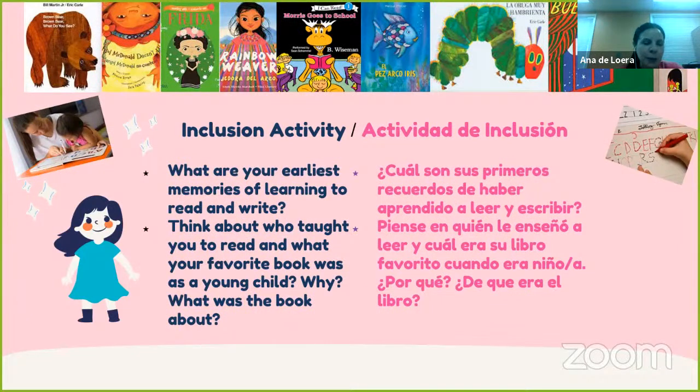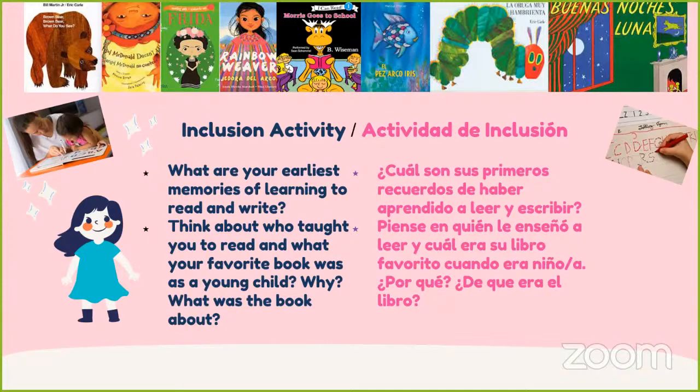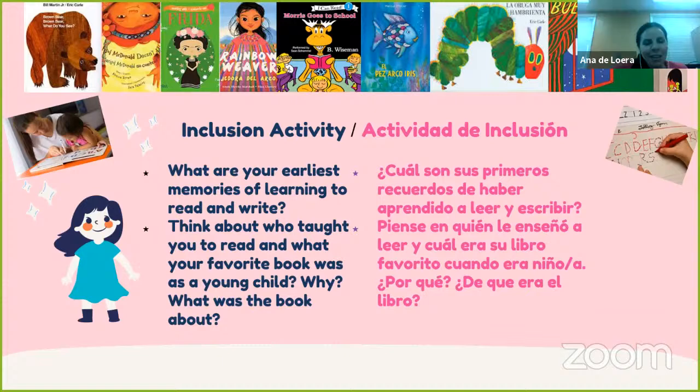If you could please place your answers in the chat, the other coordinators will help me to read them out. We have one that I think is the Three Bears. Oh, I love that one.